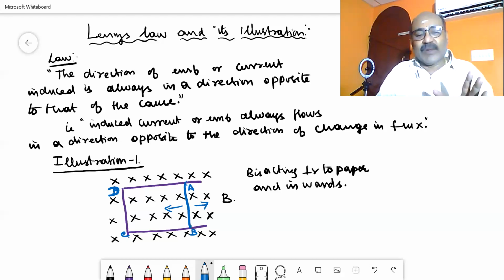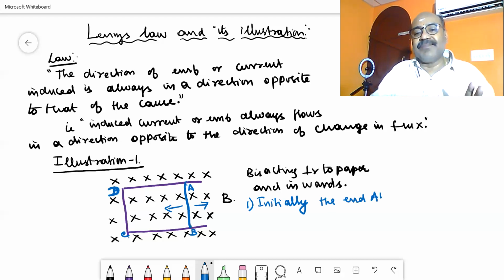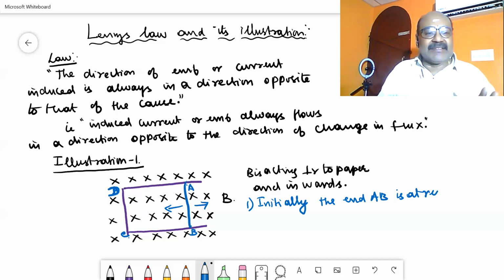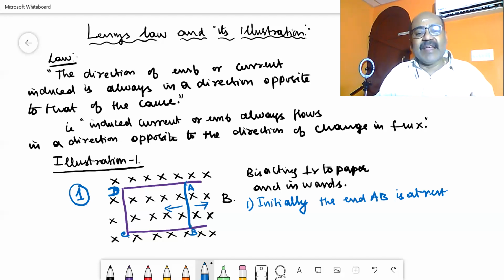See, the first point, let us take like this. Initially, the end AB is at rest. If the end AB is at rest, let us take this diagram as number 1. When this end AB is at rest, then we can say there is no change in flux.